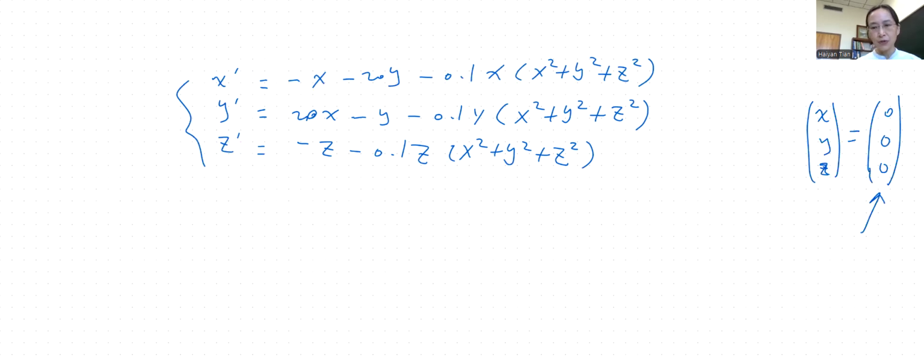For now, we use P to denote a fixed point. If we want to look at this 0, 0, 0, we want to decide whether the system is stable at this fixed point or not.